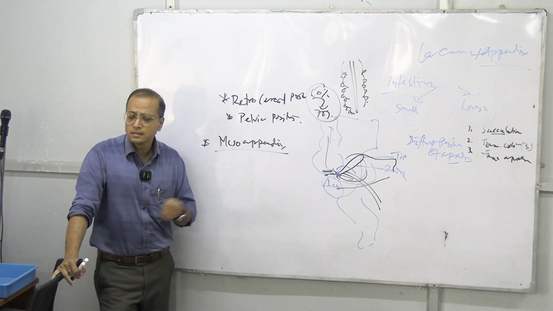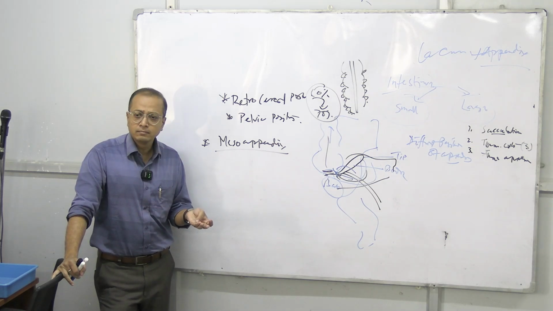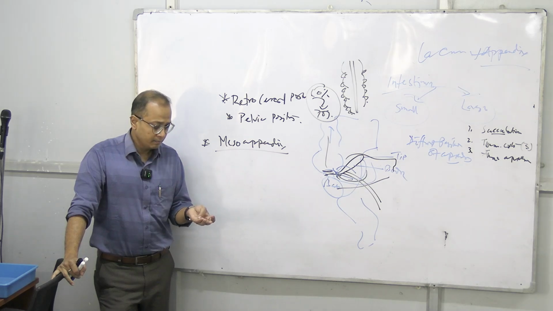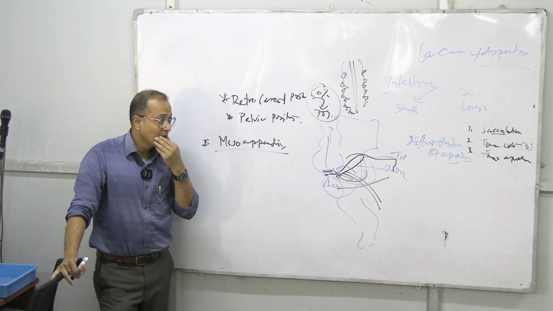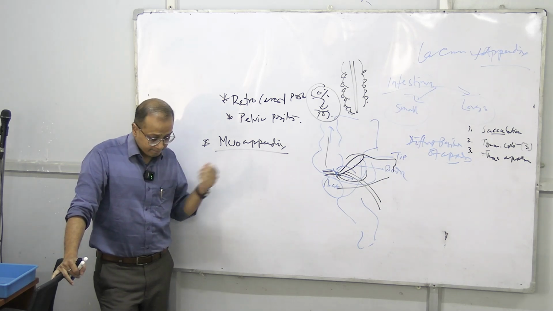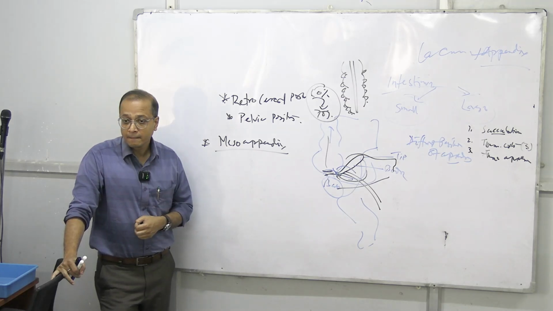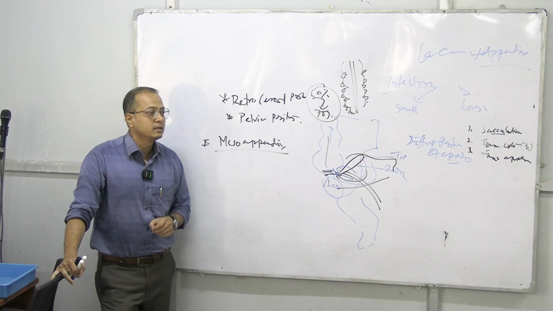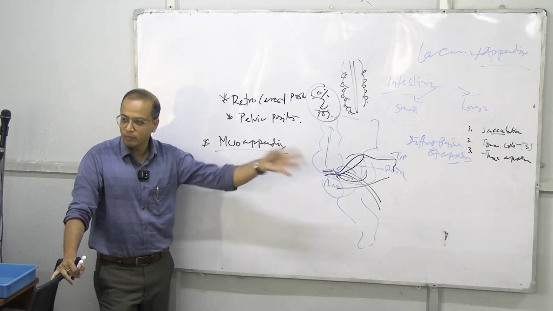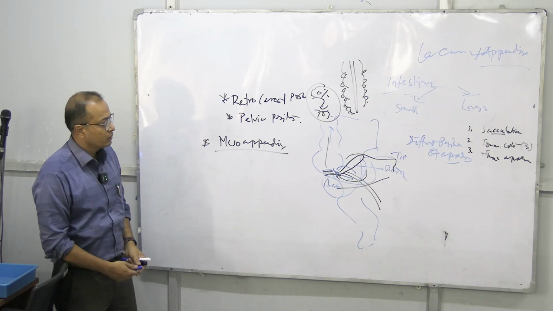The choices are like greater omentum, lesser omentum, mesosigmoid, and mesoappendix, etc. Mesoappendix. So you have to understand how important this is. I will come back to discuss more about the mesoappendix and the blood supply to it.